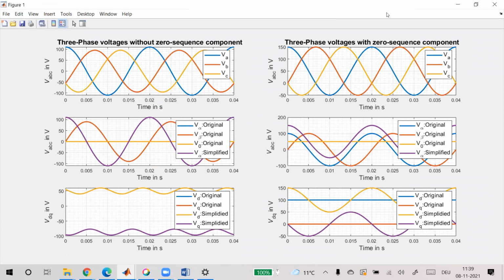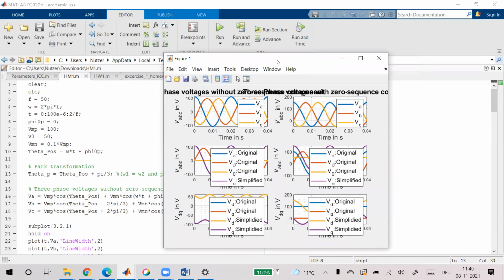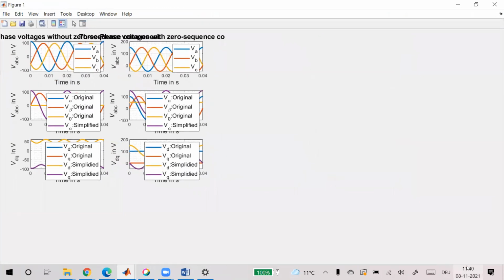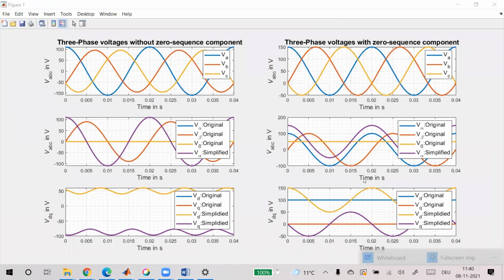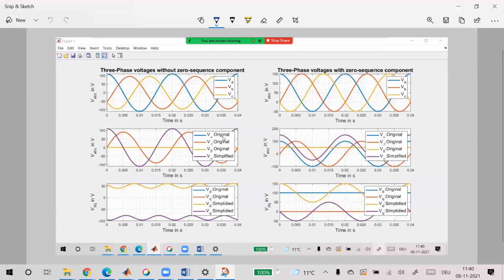Okay. Yeah, it's the gamma naught I added. So I added just the phase. So here your gamma naught is pi over 3. Okay.